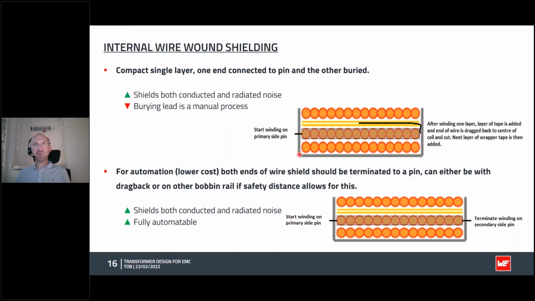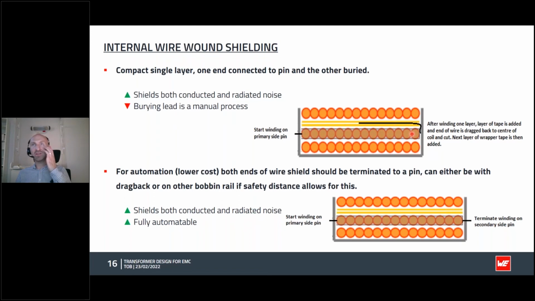So basically we do the same thing. We have a primary here and our secondary here and the barrier. And instead of actually having a copper foil shield, we wind a layer of wire, usually very thin wire. So we have very good copper coverage of the whole layer across here. So from the primary side, it looks like a shield when it's just a very thin layer of copper winding.